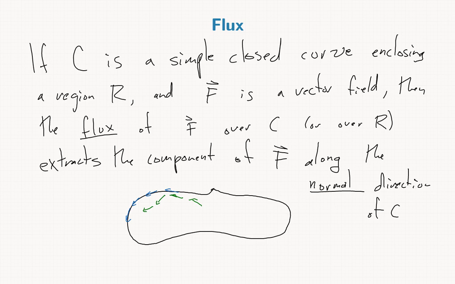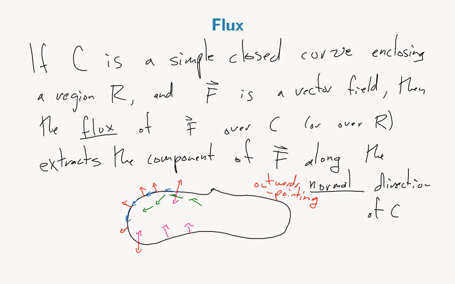So the normal direction is what's always orthogonal to the tangent vector, and so this is sort of pointing outwards. I should say the outwards pointing normal direction as opposed to the inwards pointing normal direction, which would be like this. And I'll say a little bit in a second about how to interpret this.